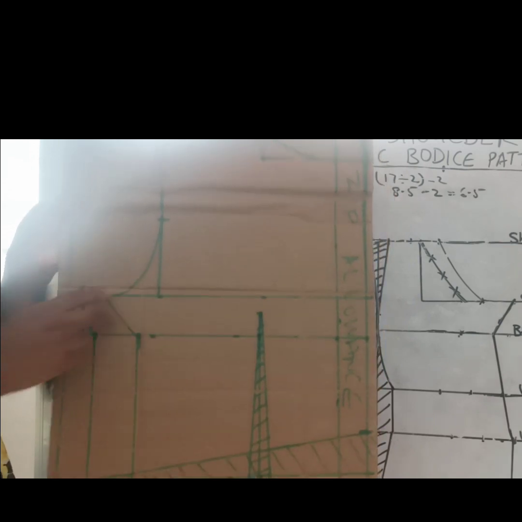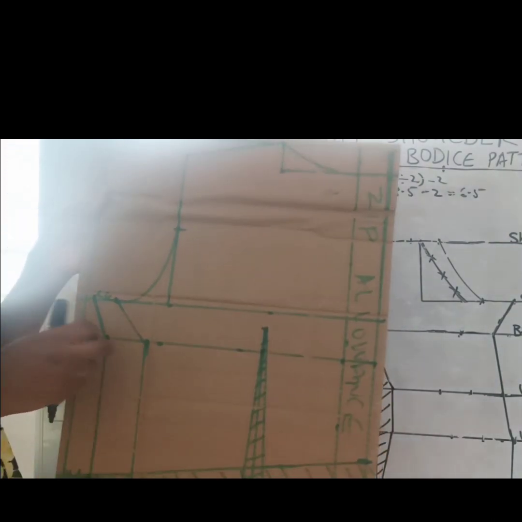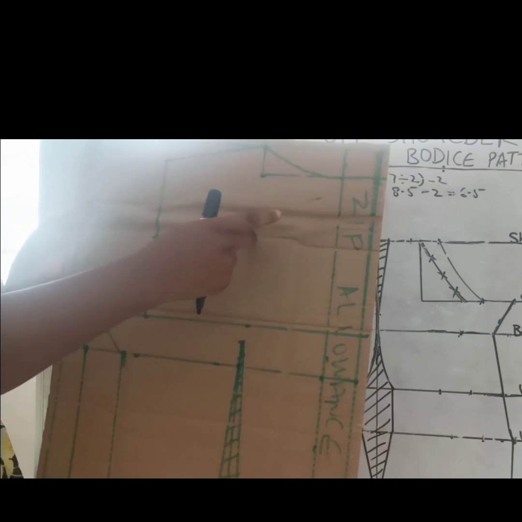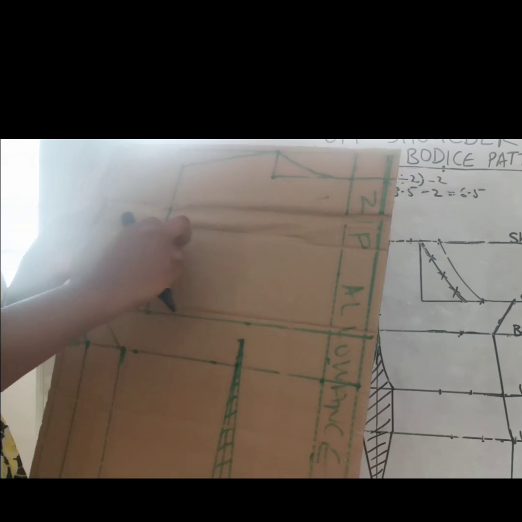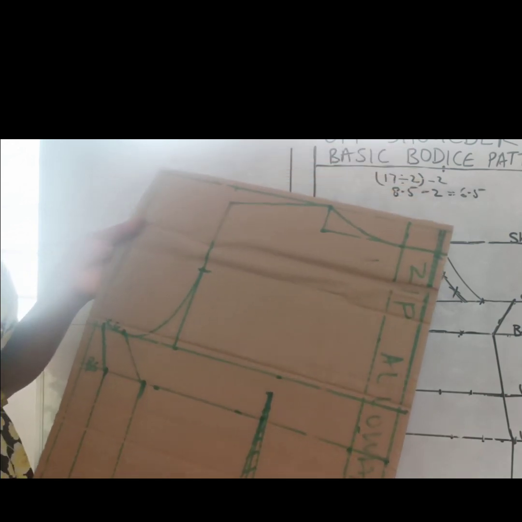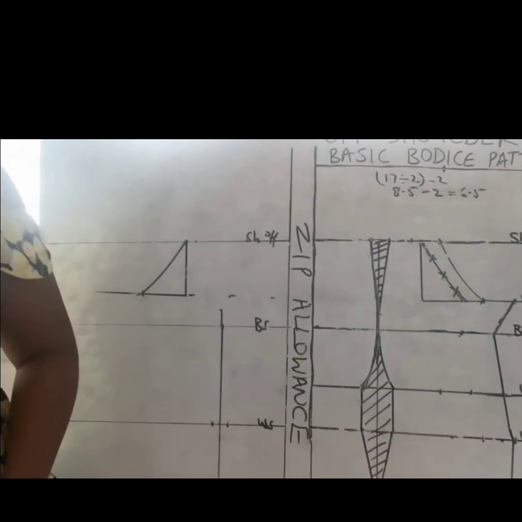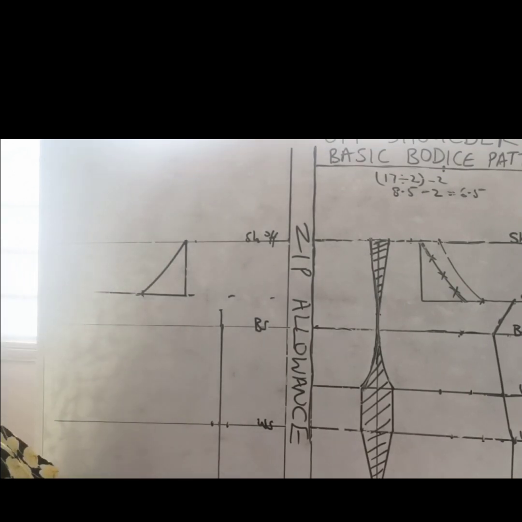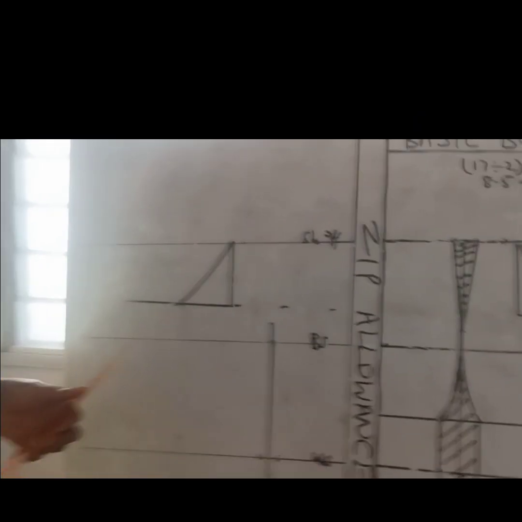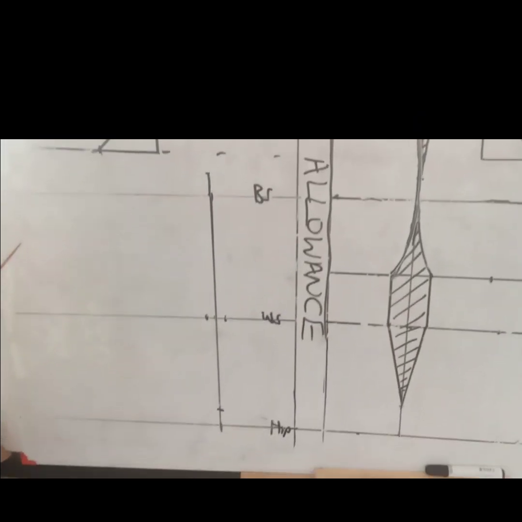So if you want to use your basic bodice pattern to draft your off shoulder, you just mark from the shoulder line the 5 inches off. Now use here. From here down becomes your off shoulder. It's as simple as that. So let's connect our lines.